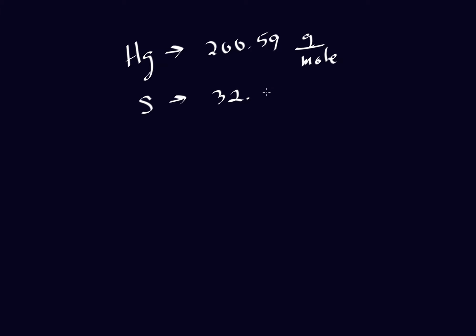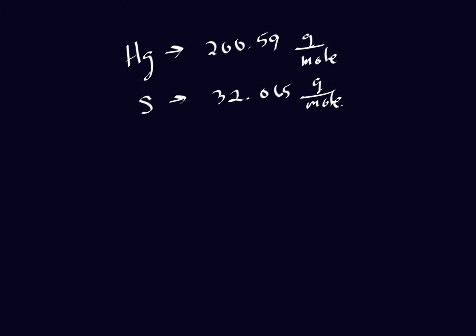We will start with the atomic weight of mercury. So mercury is a very heavy atom, very heavy element. It has an atomic weight of 200.59 grams per mole. Sulfur is a much lighter element. It has just a mere 32.065 grams per mole.